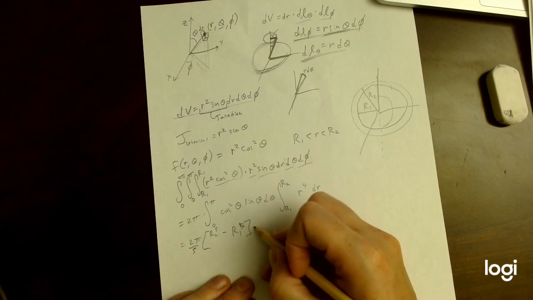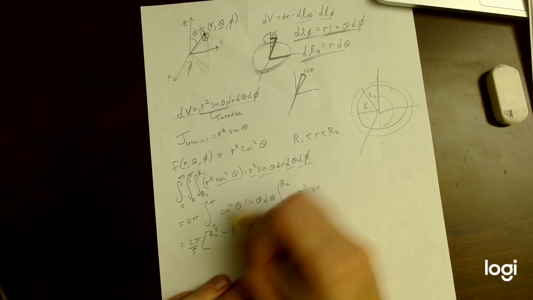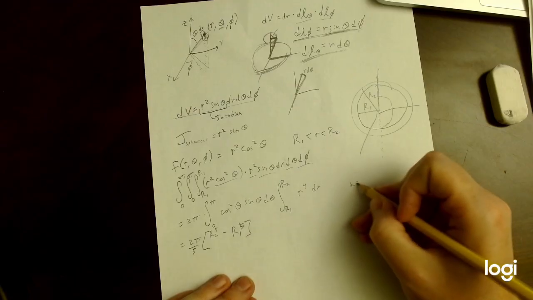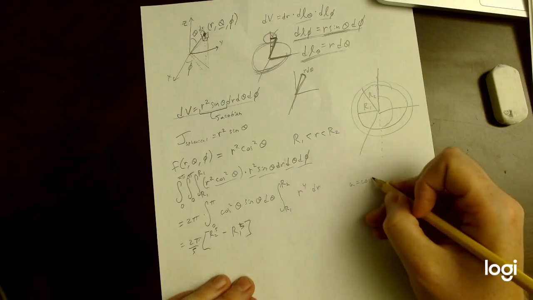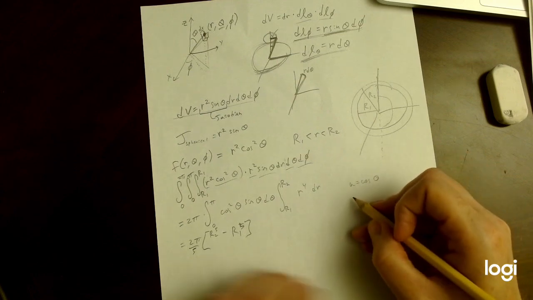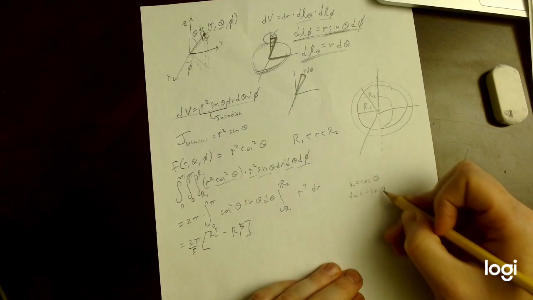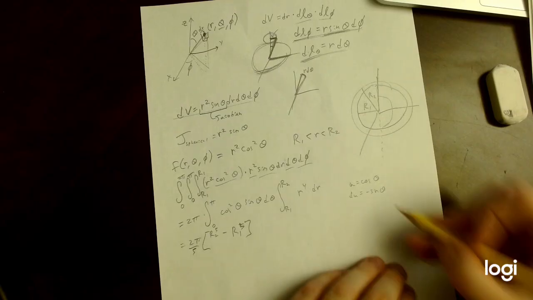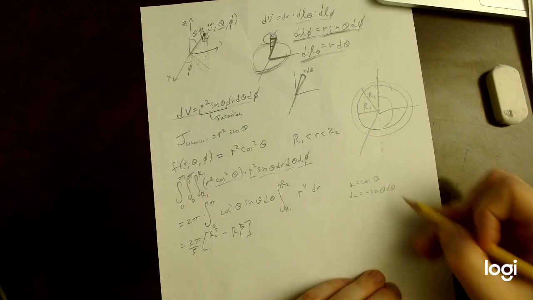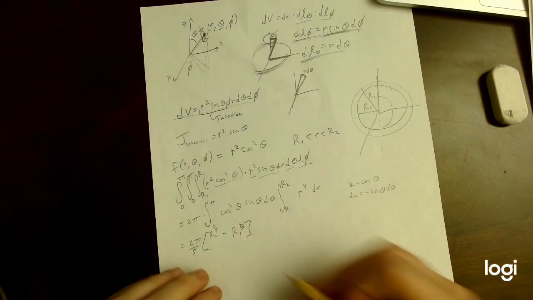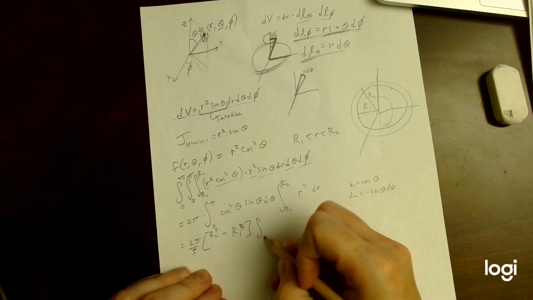And then the last piece of this is we have to evaluate this one. We could do a u substitution here and say that u equals cosine theta, and then our du would be minus sine theta d theta. And so what we would get there would just be an integral.